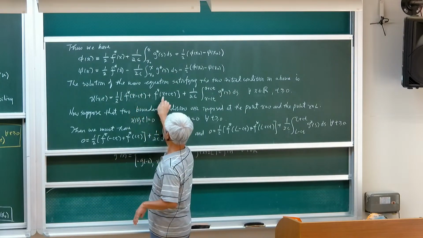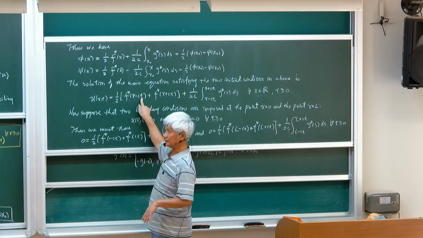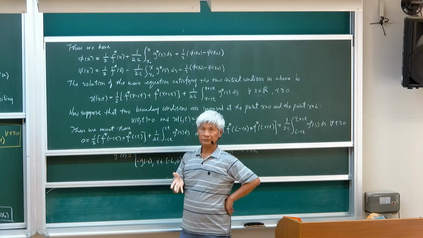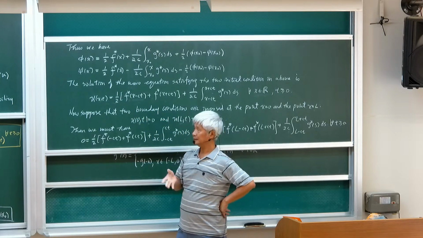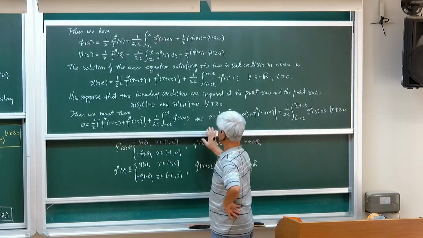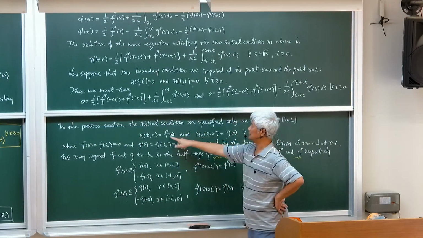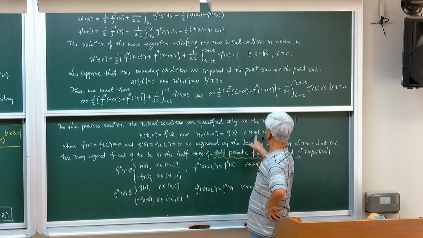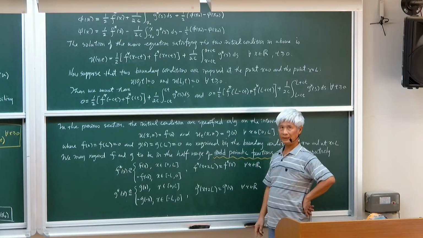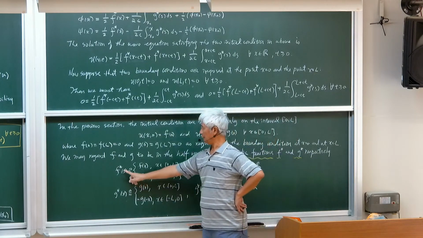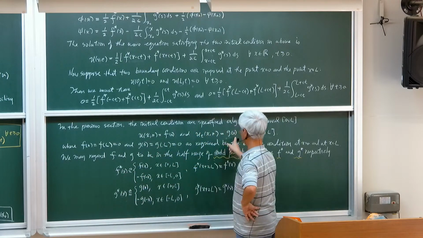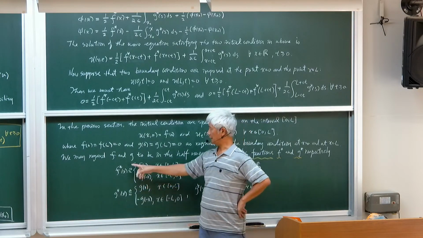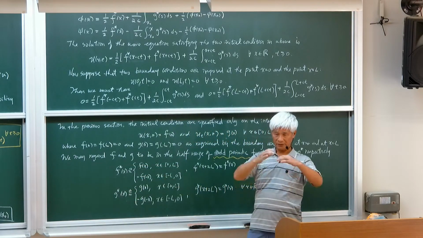Because if x is 0 and t is positive, then this argument is negative, and for a negative argument the f function is not defined. The f function is only defined in this interval. It's only the extension, f star and g star from f and g to be periodic functions, so f star and g star are defined on the whole real line.